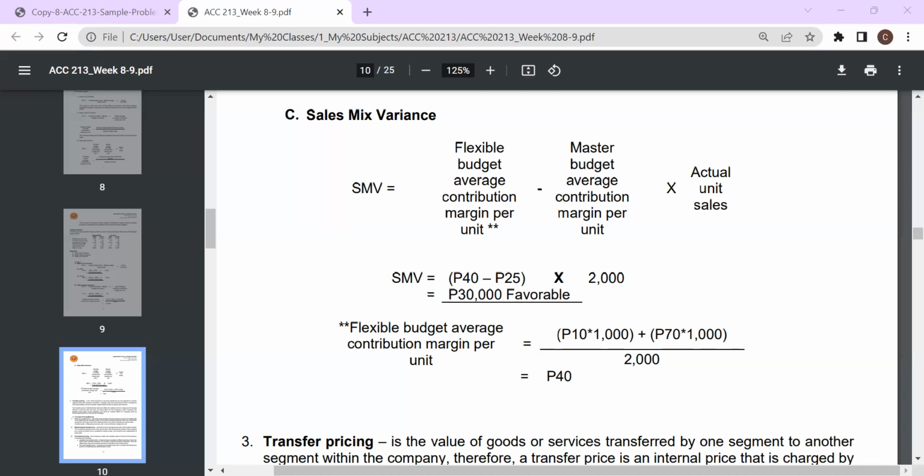You multiply it by the budgeted also na quantity. Then you add also for Zoom, that is 450, multiply it by the budgeted also na sales in units. Okay? And then you divide it by the total number of units sold, which is per budget pa rin naman. No? You have 10,000 units.